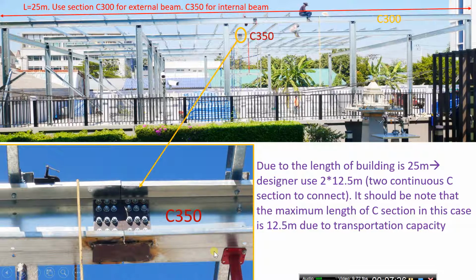After finishing construction, they will remove the scaffolding. Okay, this is the solution to this problem. And for the inner beam they use C350. The section is 350 millimeters deep, but the outer beam uses only 300 millimeters.